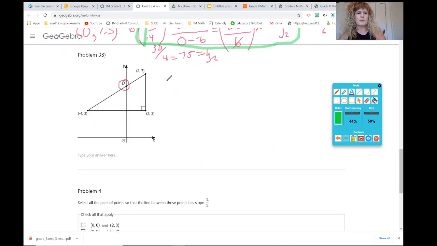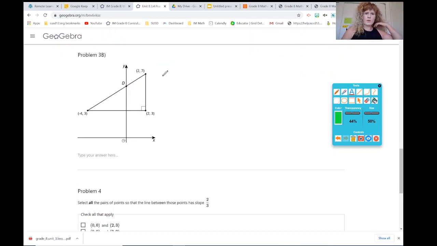Let's try problem 3B. Same thing, we want to find the coordinate points of D. I always write the equations on my paper. Even though I've been doing this for a long time, I still always write these equations down and put them on the top of my notes.